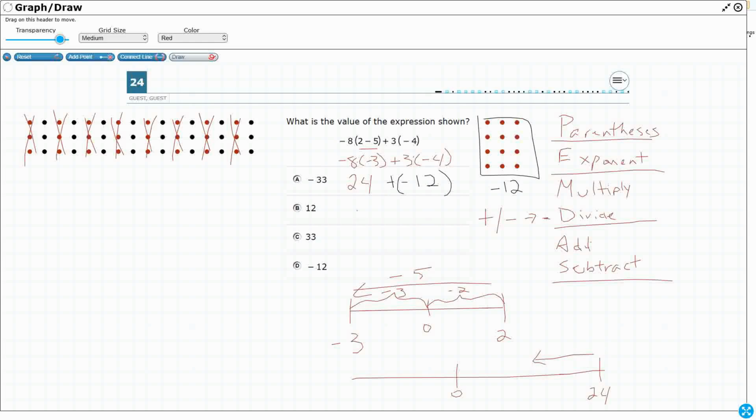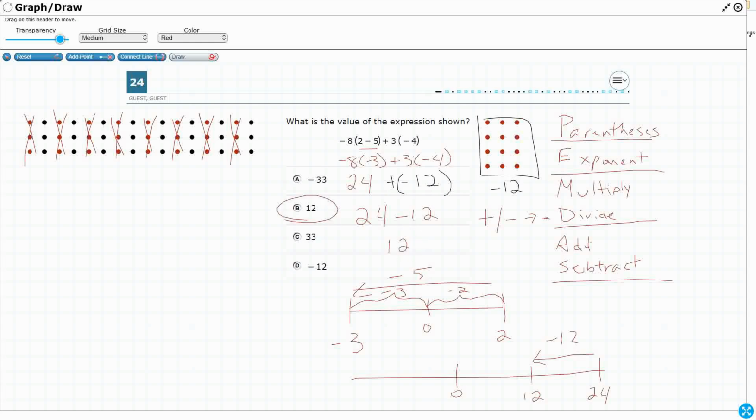So this ends up being the same as 24 minus 12. Adding a negative looks exactly the same as subtracting a positive. So I'm going to take away 12, and that's just 24 minus 12, which leaves me with 12. So this whole thing simplifies down to 12.